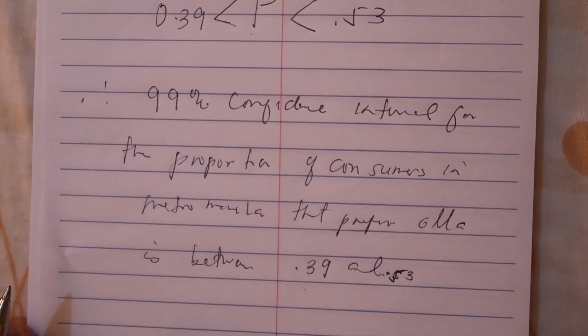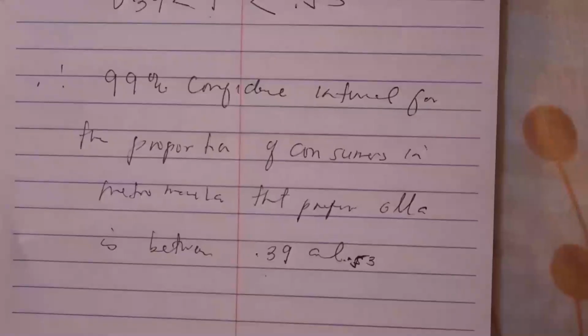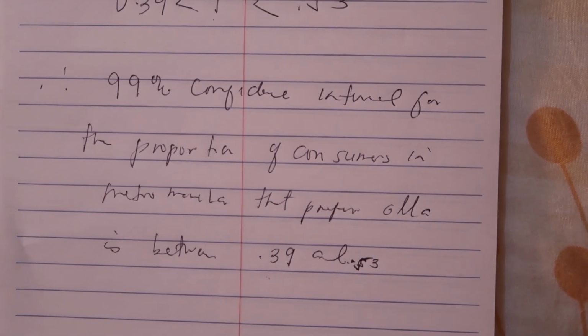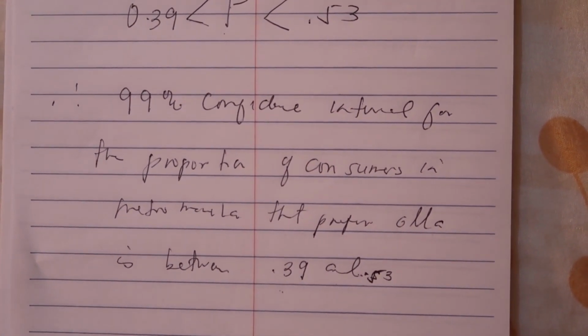Then the true proportion of consumers who prefer Olia laundry powder in Metro Manila is not significantly different from 50%. Thus, there's no need to increase the advertising budget for this brand. Okay, because the 50% is in between the range, which is 39% to 53%.